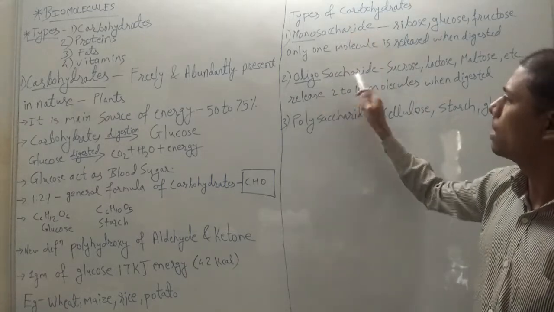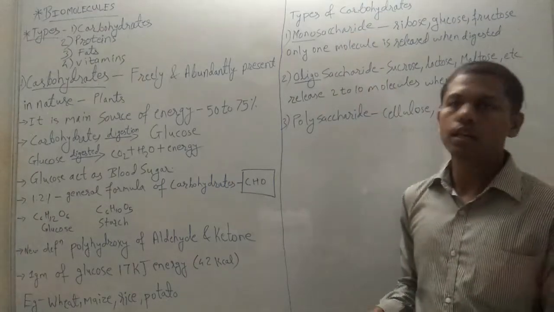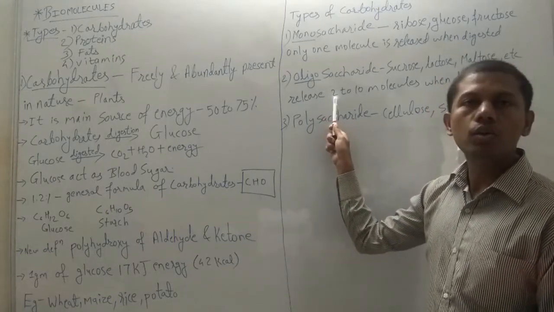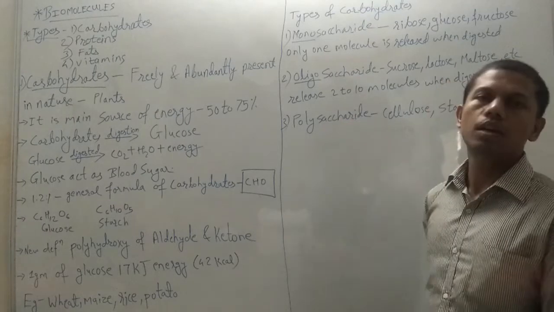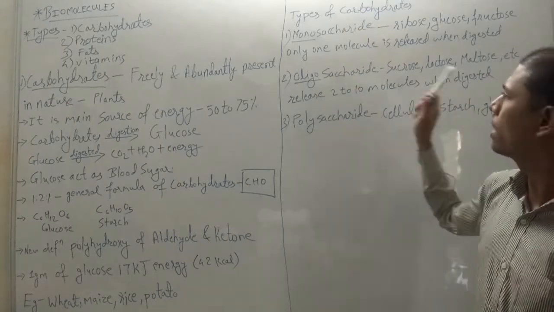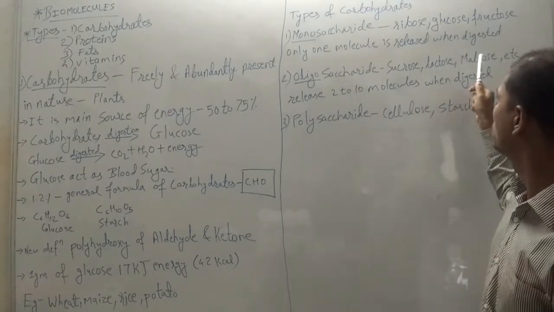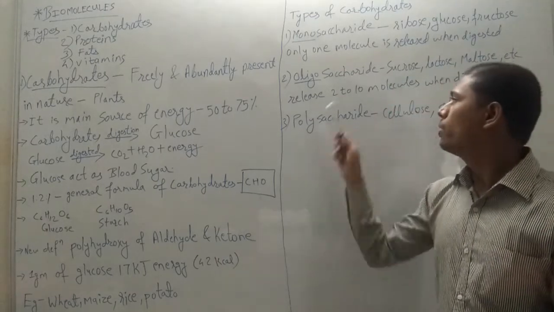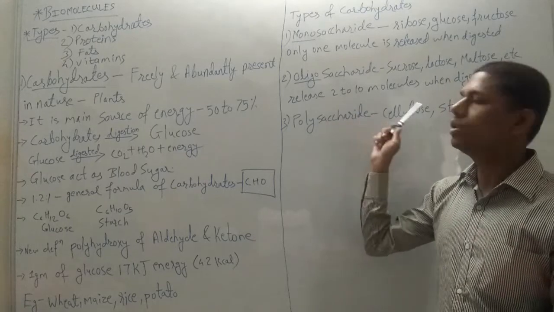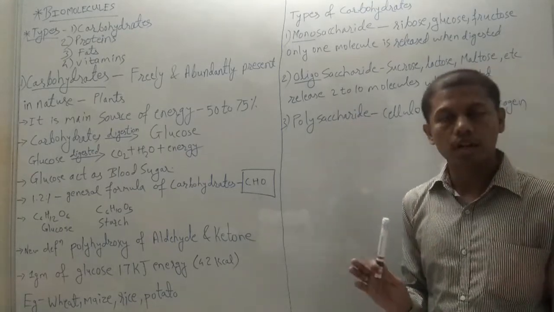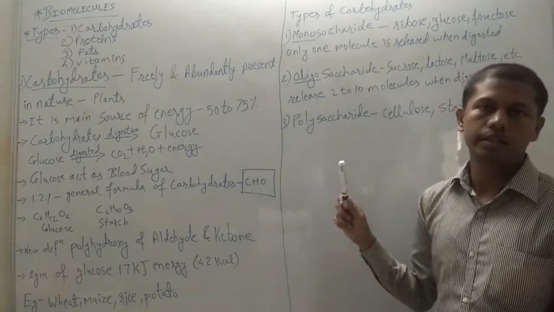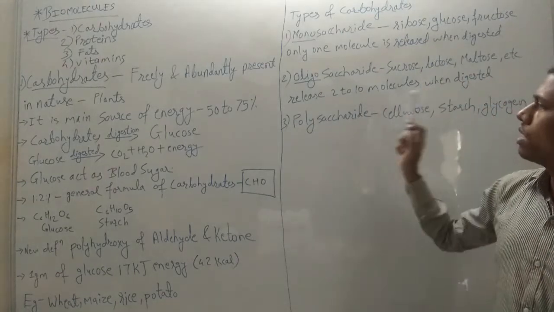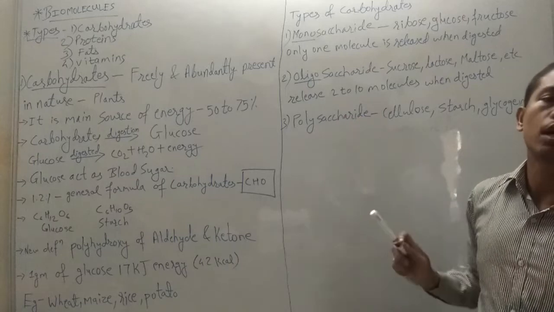Then the oligosaccharide. The word oligo refers to a number of molecules from 2 to 10. When oligosaccharides like sucrose, lactose and maltose are digested, from 2 to 10 molecules can be released. If sucrose or lactose is digested, 2 molecules are released.